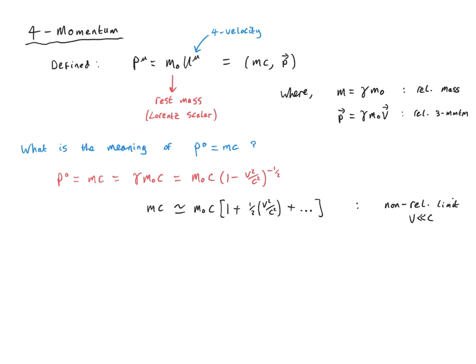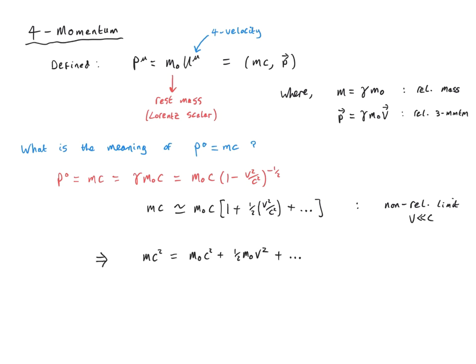We get this leading factor, m0c, multiplied by 1 plus a half of v squared over c squared, and then higher order corrections, which are actually of order v over c to the power of 4. So if v is much, much less than c, then v over c to the power of 4 is extremely small, and those are the terms we're going to neglect in the non-relativistic limit.